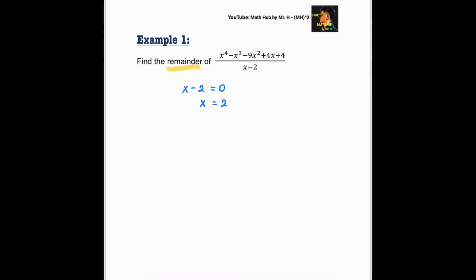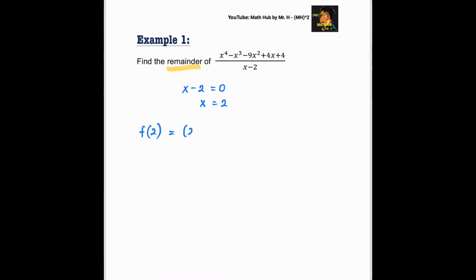So this positive 2 right here is the value of a that we will be using in evaluating the dividend. So it's going to be f of 2 equals, and we will be using here the dividend. We will plug in 2 to every x variable in there.